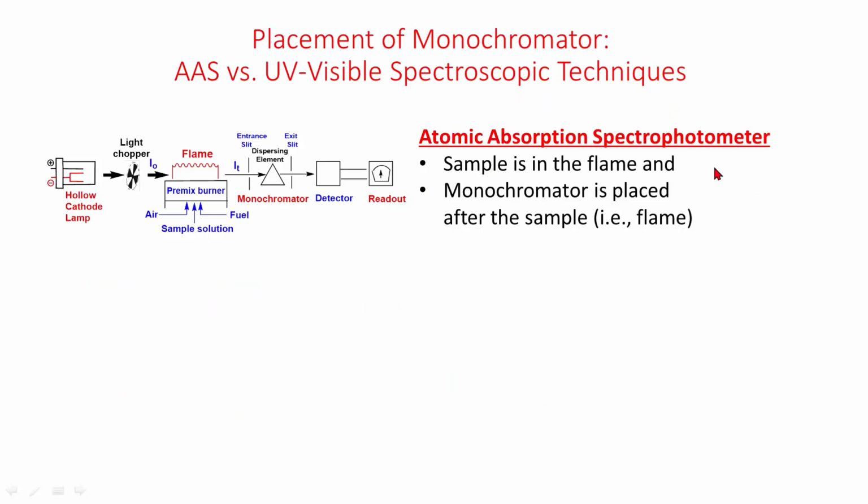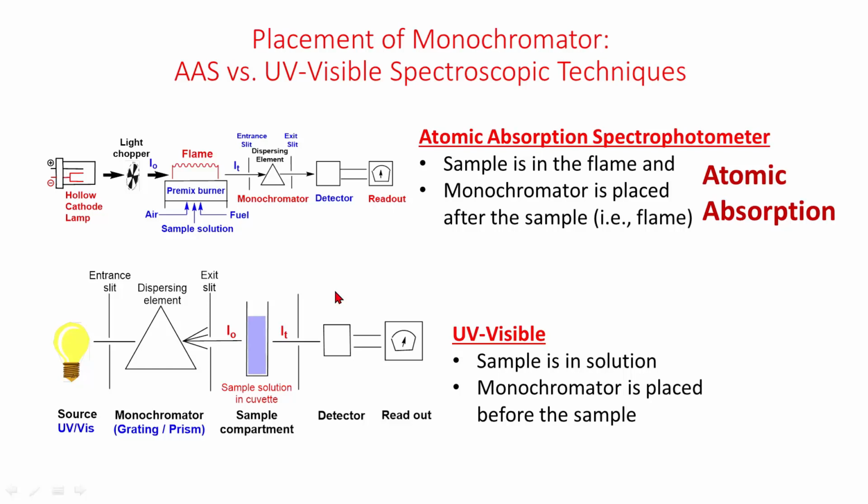In atomic absorption, the sample is in the flame and the monochromator is placed after the sample. In UV visible instruments, the sample is in solution and the monochromator is placed before the sample.